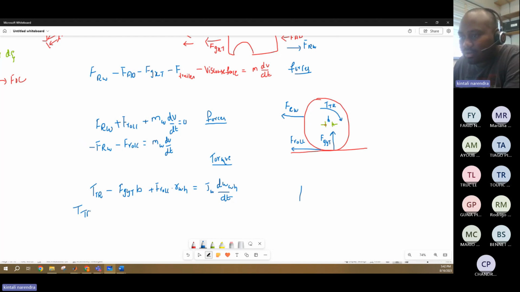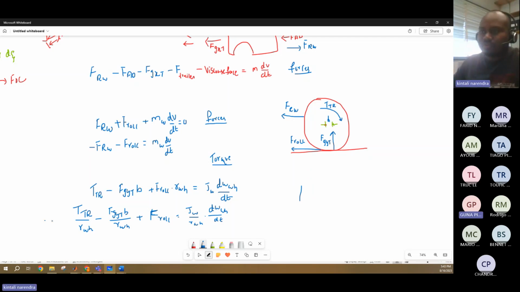So TTR by RWH minus FGYTB by RWH plus F roll is equal to JW by RWH into DWH by DT.